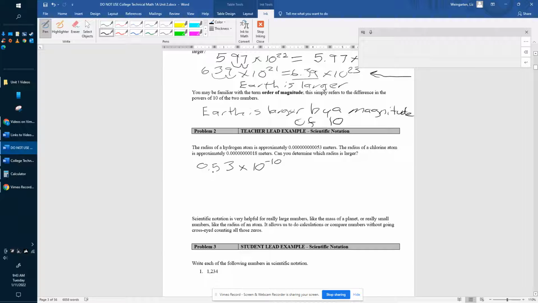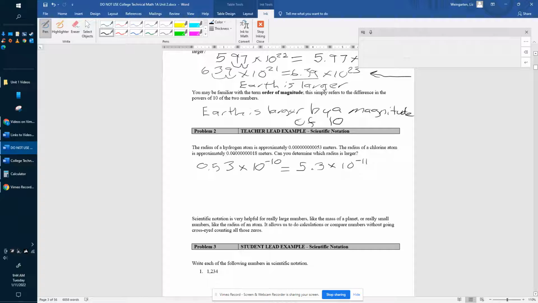However, this number is not greater than or equal to 1, so we have to move the decimal place one more time. So we're going to move it over here, and that's going to give us 5.3 times 10 to the negative 11th. Because remember, when we move the decimal point to the right, the number is going to become smaller, and negative 11 is smaller than negative 10.